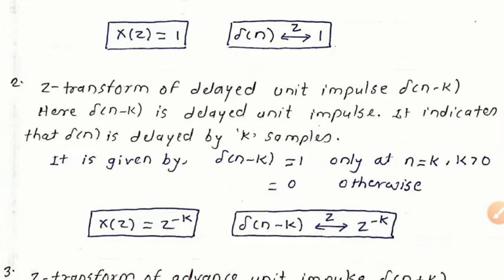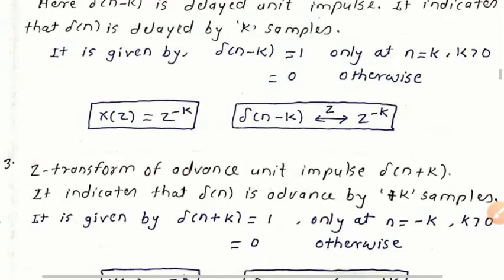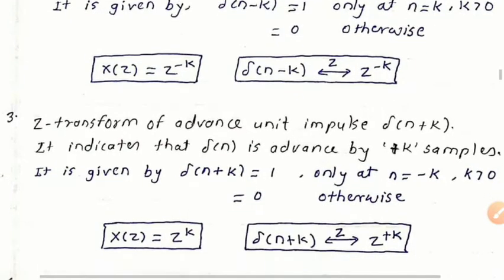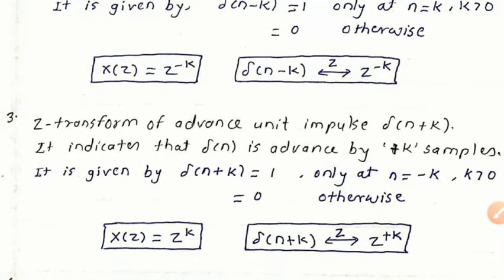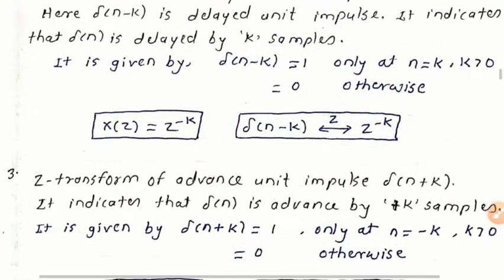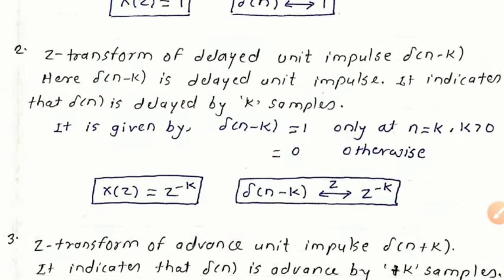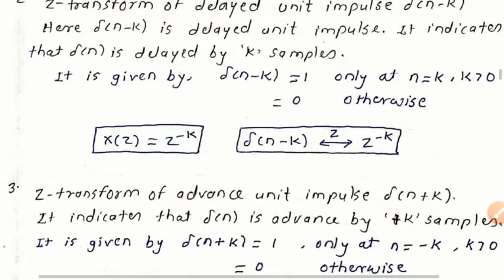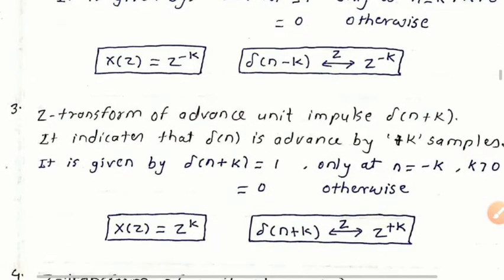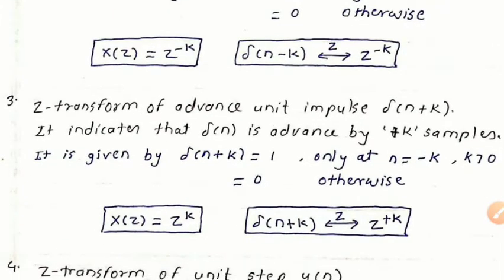Then the next sequence is the Z transform of the advanced unit impulse. This advanced unit impulse can be denoted by delta of n plus k. This was n minus k for the delayed unit impulse, and for the advanced impulse there will be delta of n plus k.